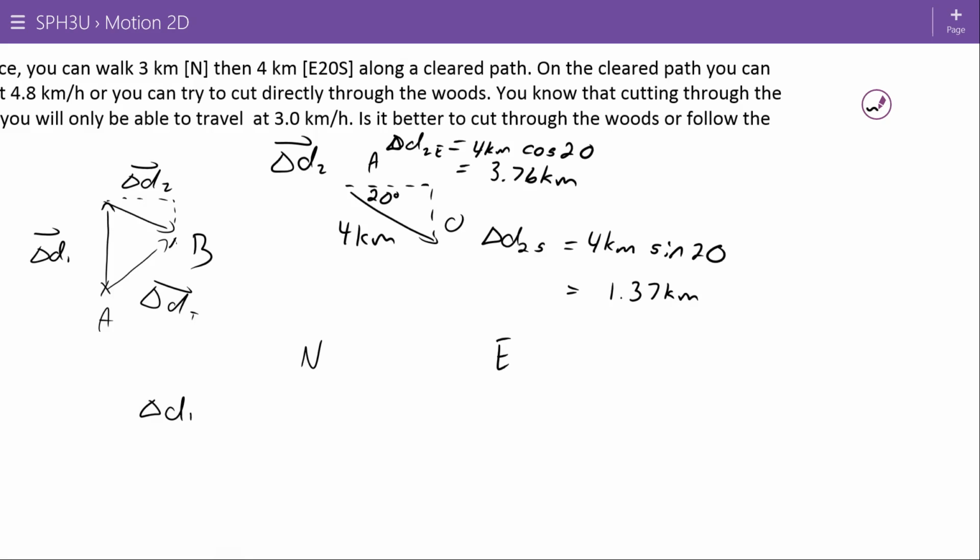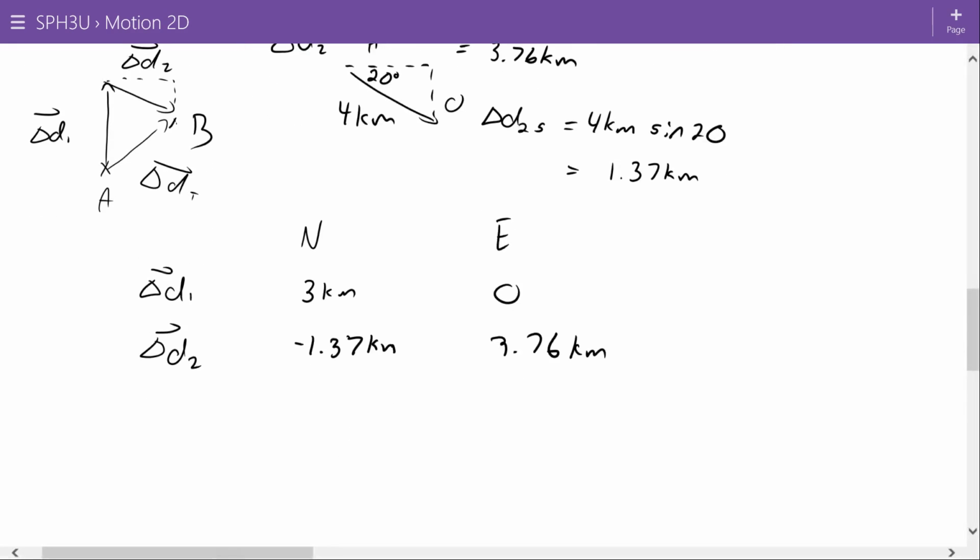My delta D1 is 3 kilometers straight north, which means it has no east-west component. My delta D2, these are all vectors, is negative 1.37 kilometers in the north-south direction and 3.76 kilometers in the east-west direction.